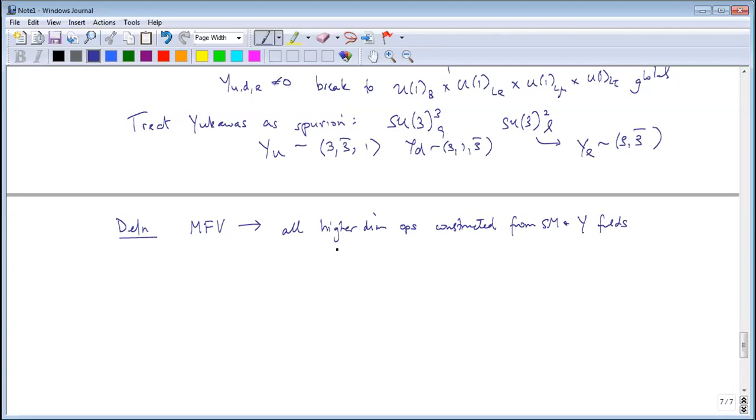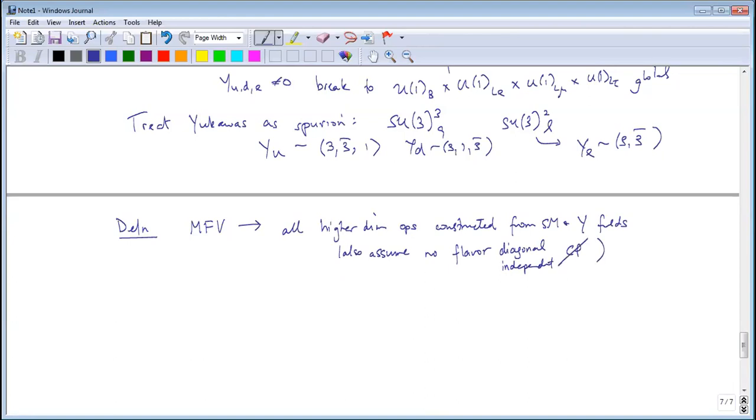We're also going to assume no flavor diagonal, or really I should say flavor independent, CP violation.